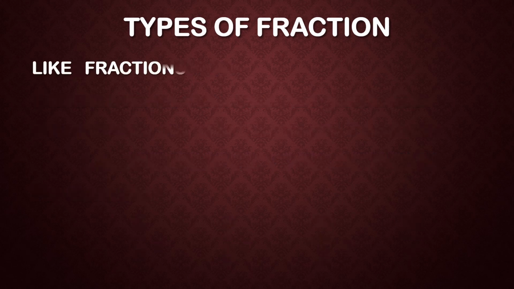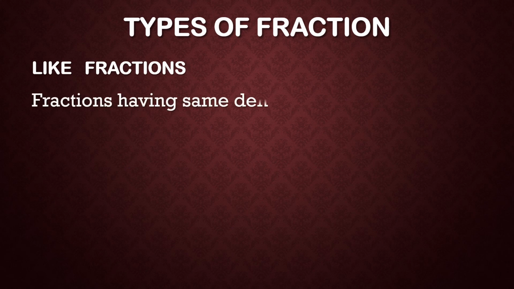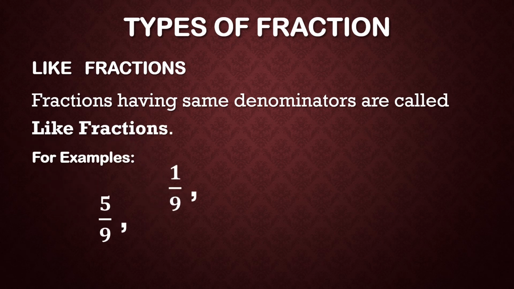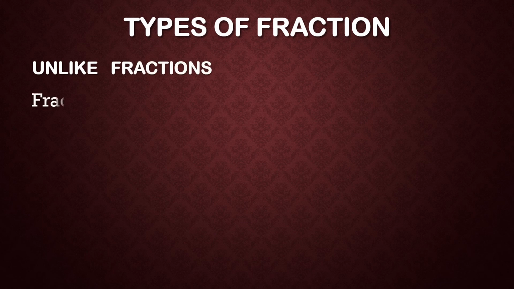Let us study like fractions. Fractions having same denominators are called like fractions. Examples of like fractions are 5 upon 9, 1 upon 9, 2 upon 9 and 7 upon 9. See, in each case the denominators are same. Let us study unlike fractions.